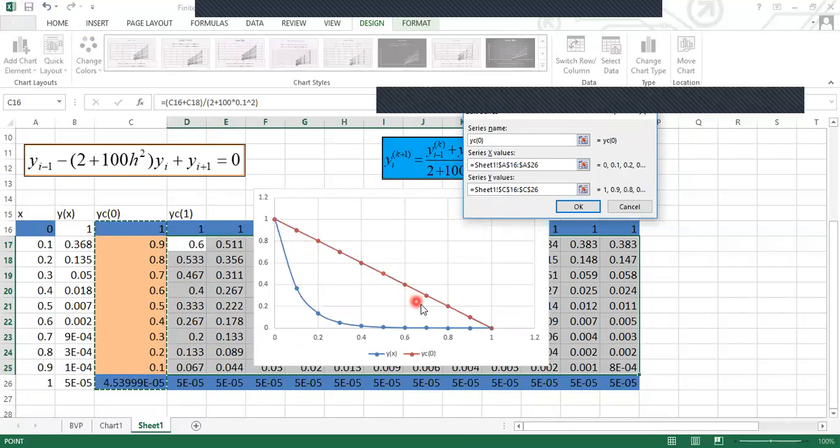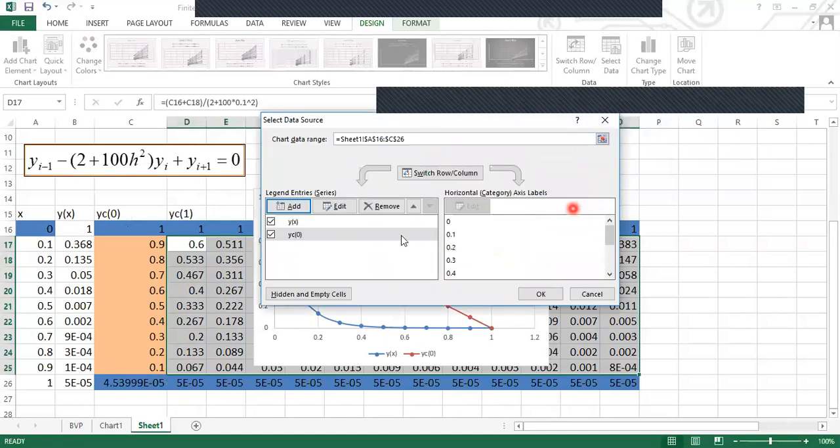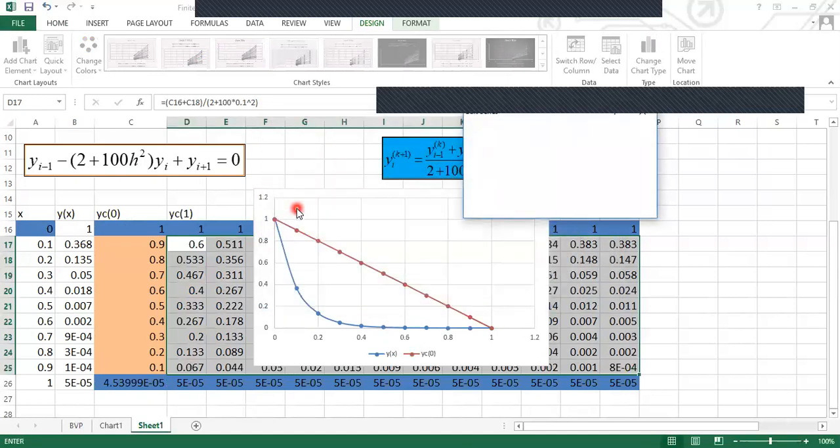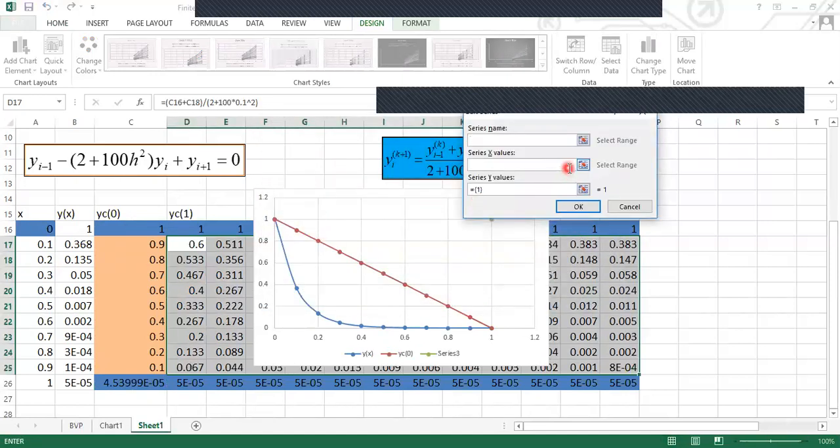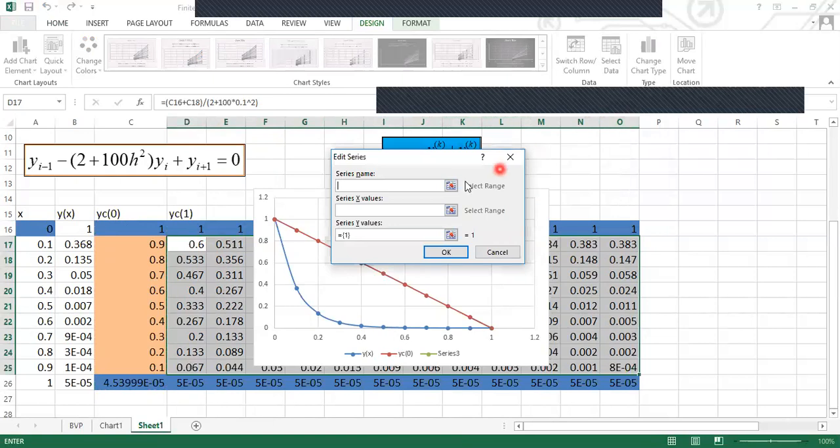So it is the straight line, and let me add a new series after several iterations. How many? 1, 2, 3, 4, 5, 6, 7, 8, 9, 10, 11. So this is YC at the 11th iteration.